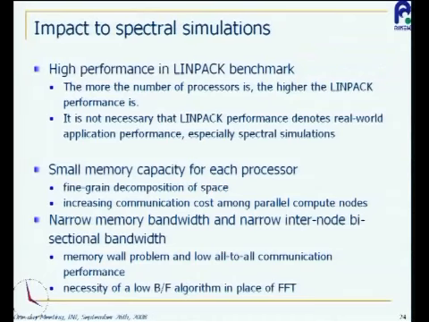So in the near future, this Blue Gene trend is followed for the HPC system, I think. So such a trend gives a very important impact to the spectral simulations.